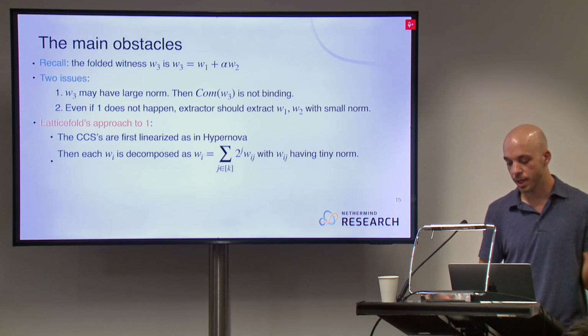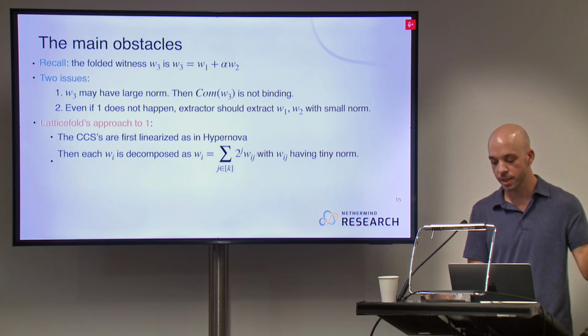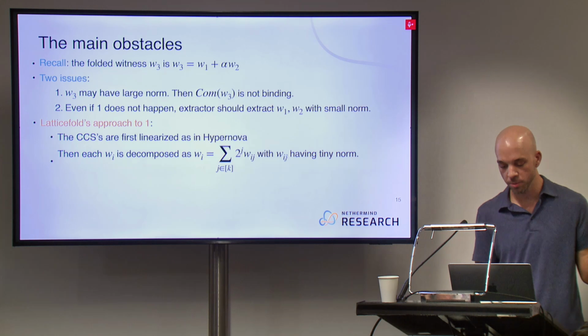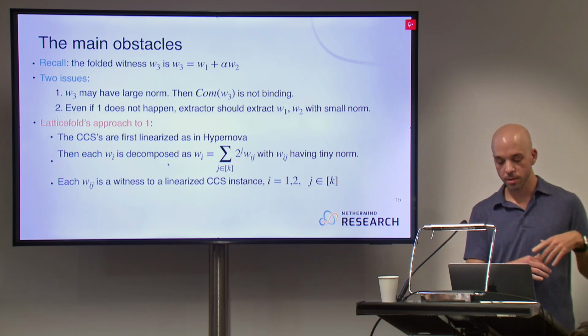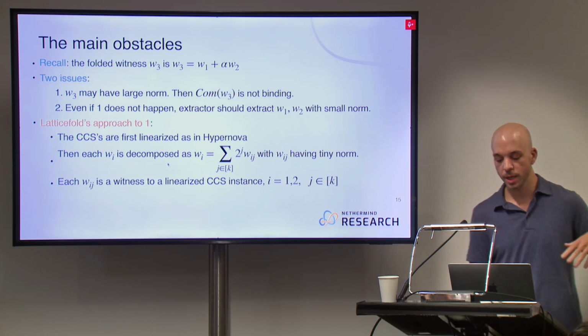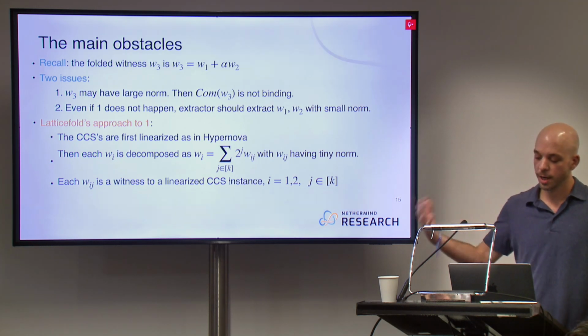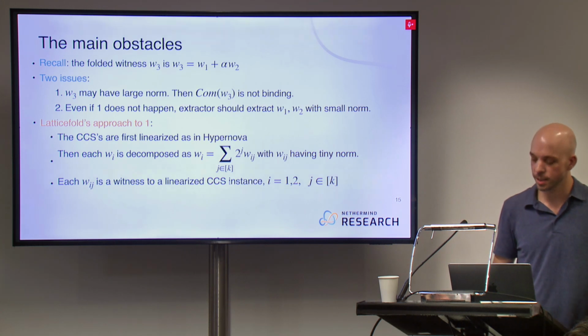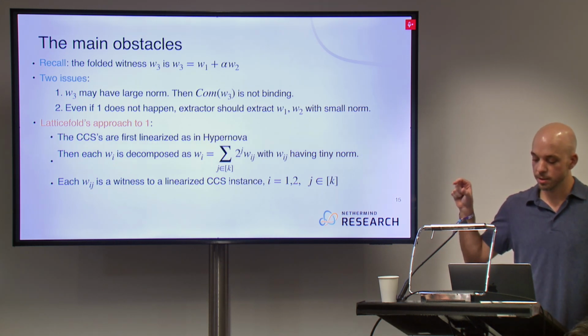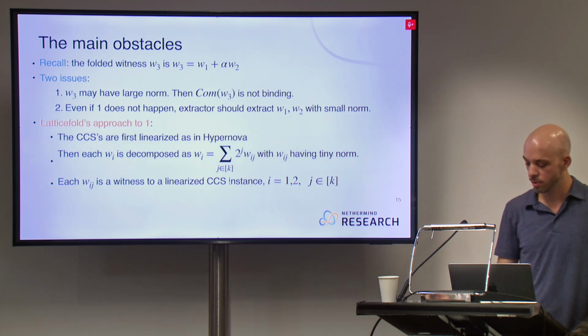So each W_i is decomposed into W_ij, and the W_ij have tiny norm. And then they show that each W_ij is a witness to a linearized CCS instance. So now you have 2k linearized CCSs, but each witness has tiny norm.